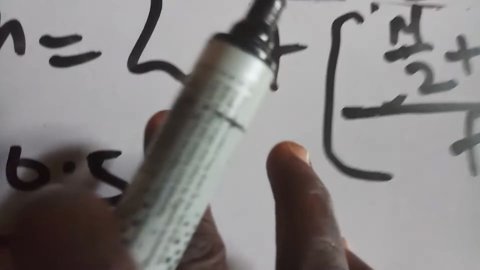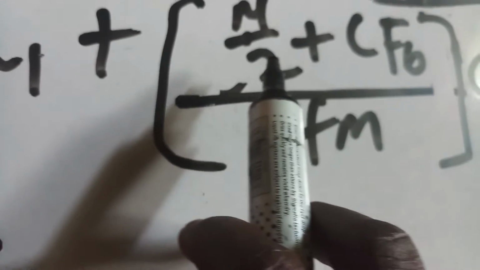Note again, it's very important for you to know that your calculation is from your formula. You don't have to go outside your formula and work anything out, but you work within your formula. We have calculated the lower class boundary, the n over 2, the CFB, the FM.